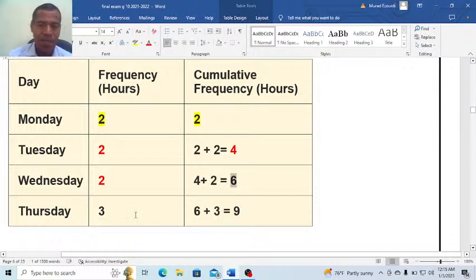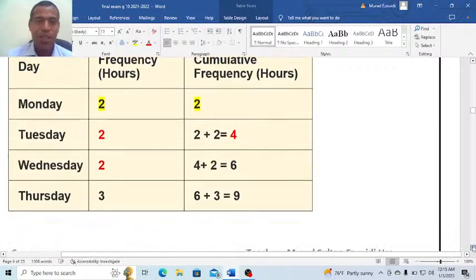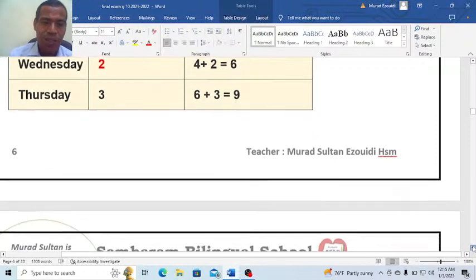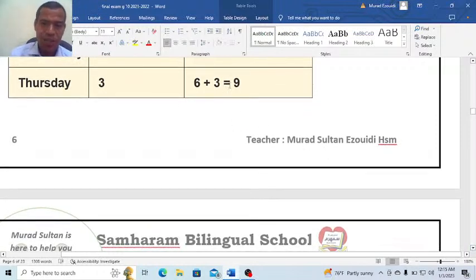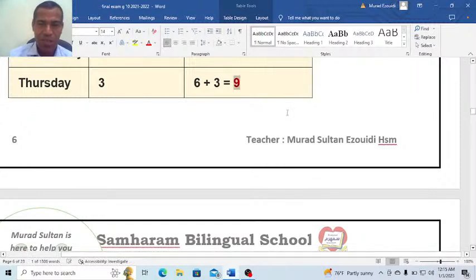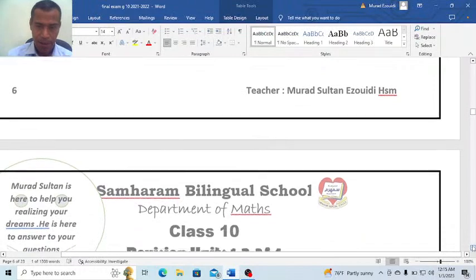Now the question is, try to fill in the cumulative frequency on Friday. This is 9, don't forget about this 9, because you will use it while finding the cumulative frequency.